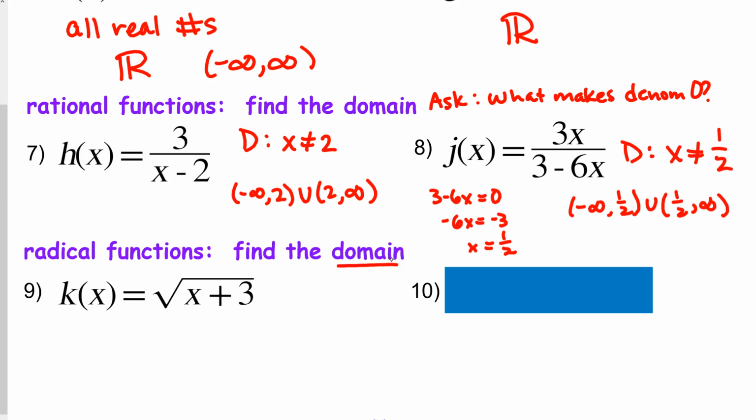So we need the inside of the radical, which is known as the radicand, we need it to be greater than or equal to 0. X plus 3 is greater than or equal to 0. You might be able to figure it out in your head, but you can also write it down and solve the inequality. Subtract 3 from both sides, and you get x is greater than or equal to negative 3. So that's the domain.